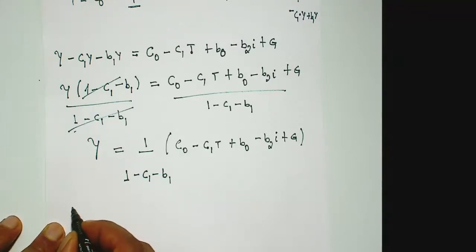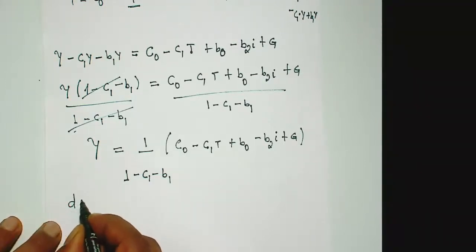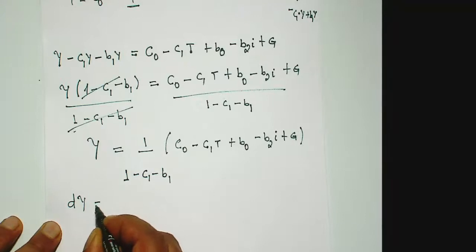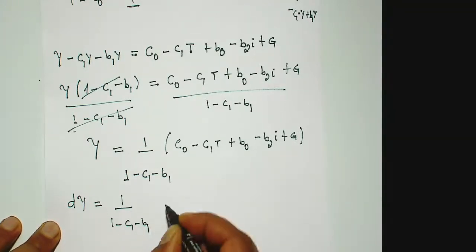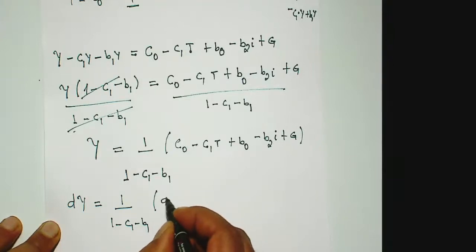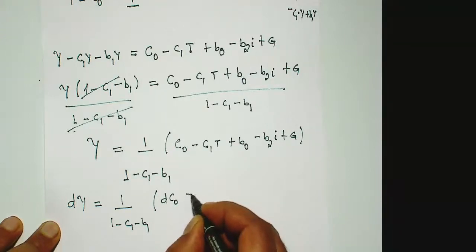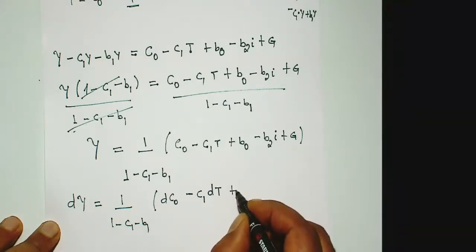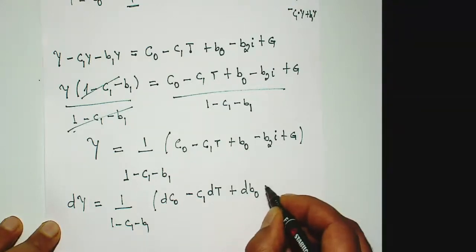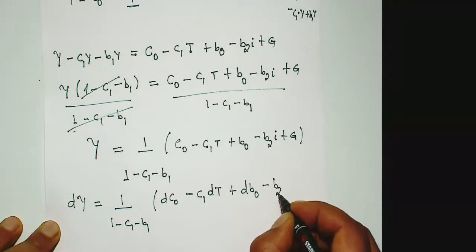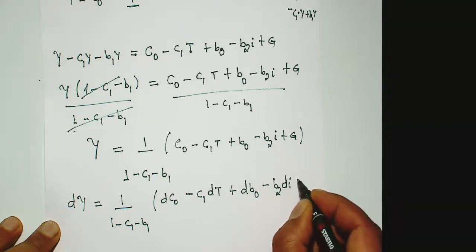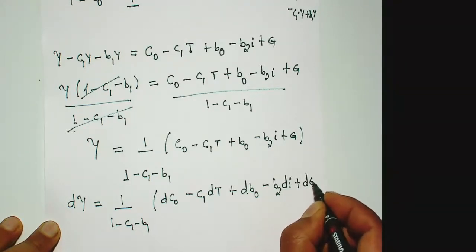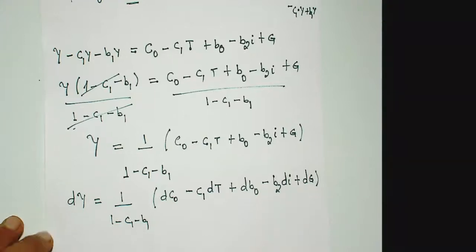So I would take the total differential, which can be written as dY is equal to 1 over 1 minus C1 minus B1 multiplied by d of C0 minus C1 dT plus d of B0 minus B2 dI plus dG.